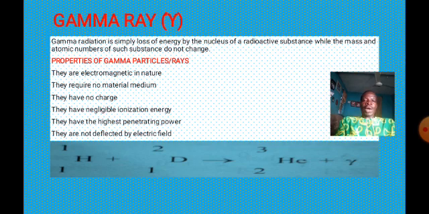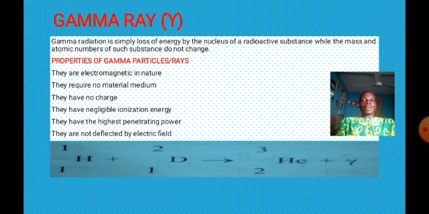They have no charge like that of beta particles and alpha particle. So gamma ray is neutral. It has no charge. 5. They have negligible ionization energy. 6. They have the highest penetrating power, and they are not deflected by electric field.